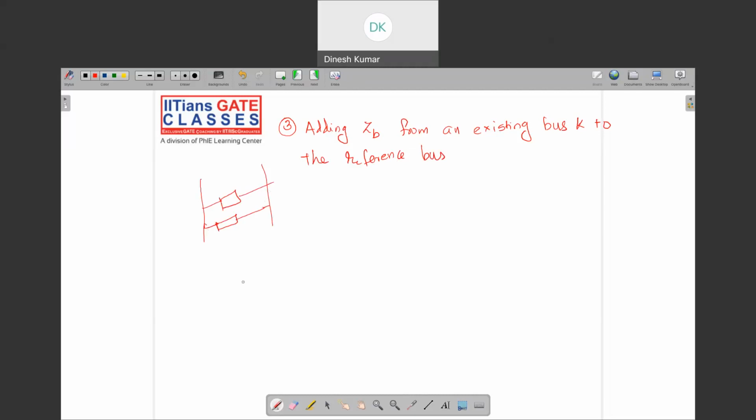So now we can write Z bus new equal to Z bus old minus Z of n plus 1 to Z n plus 1 of I over ZKK plus ZB. I will just explain what all these things are.